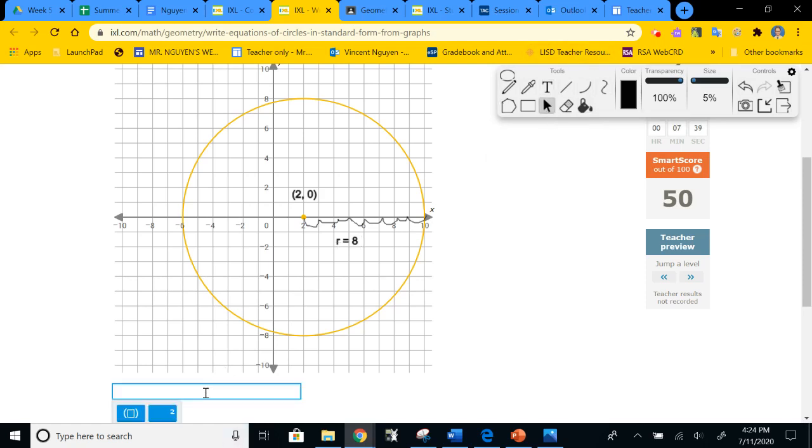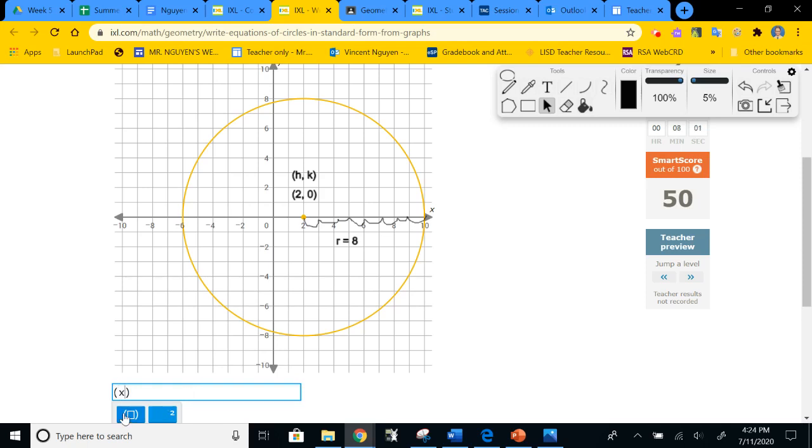So x minus h, my h here, mind you, is my x coordinate. This is h comma k, right? So h is actually 2. So I'm going to type in x minus 2 in parentheses. I think I have to use the little box here.